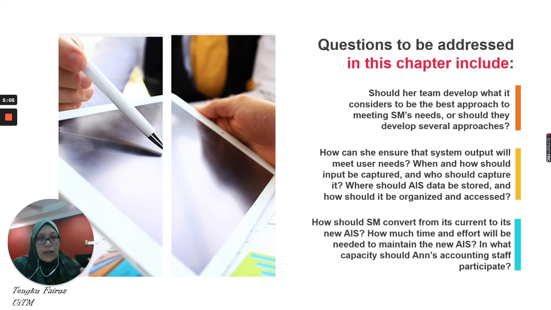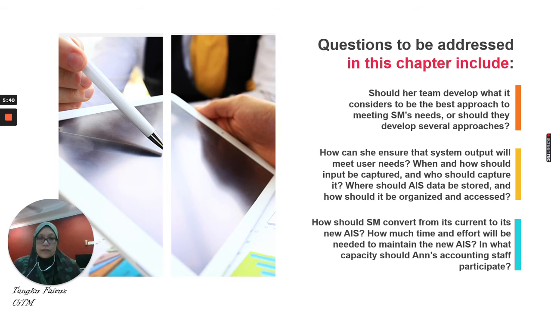When they have an effective system analysis and design, they can develop correctly and also define correctly what the users' needs or the company's needs are, and the system can solve the problems that arise in the company. If you remember in chapter 20 earlier, Shopper Smart had a problem in their current system.